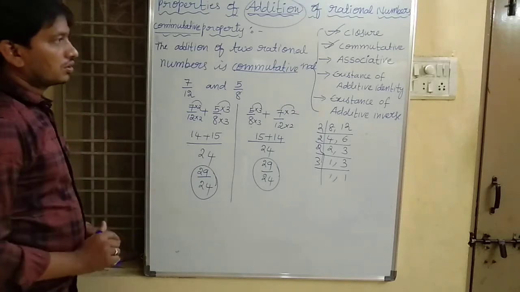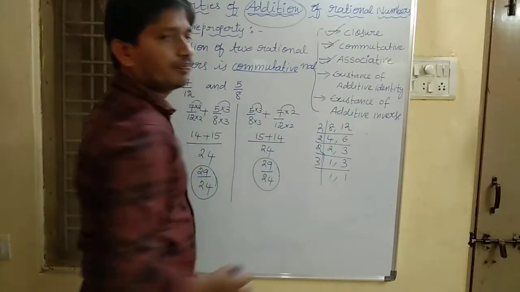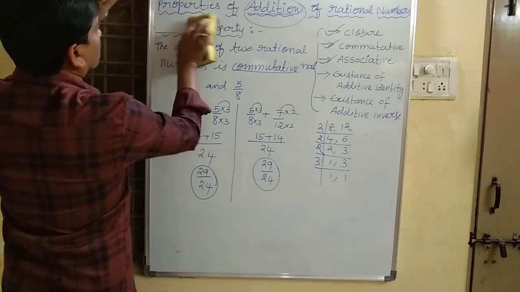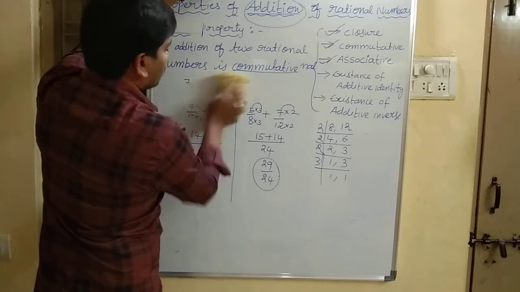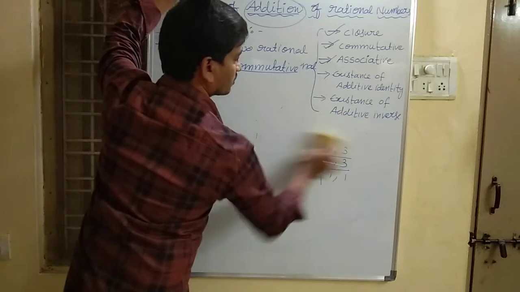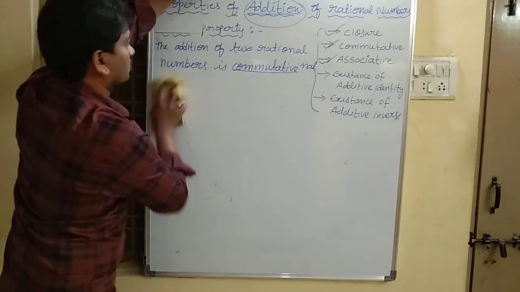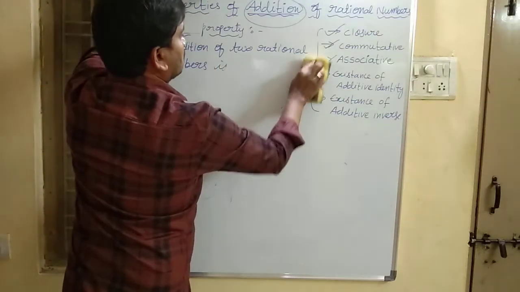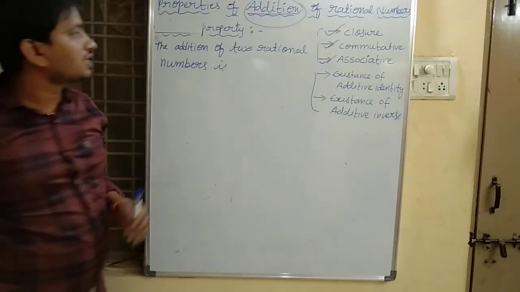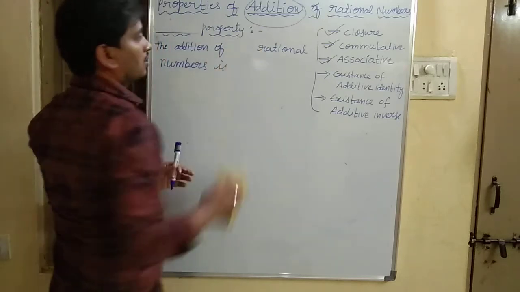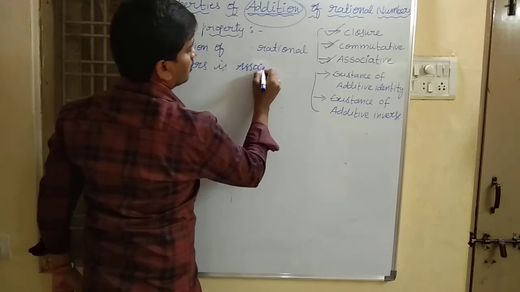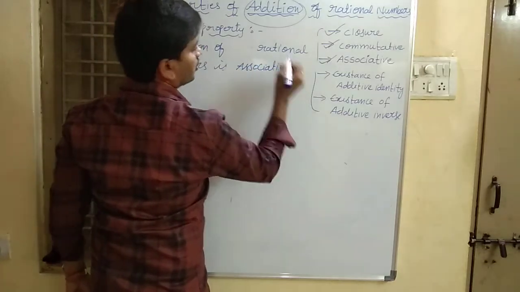Right? Now, the third property, which is our associative property. Addition of rational numbers is associative.